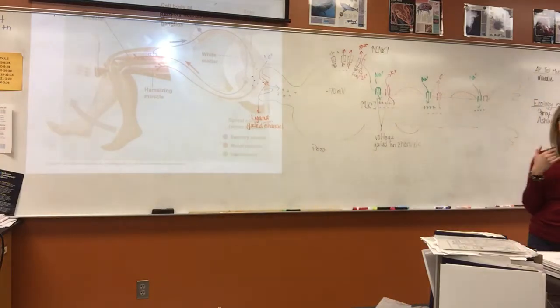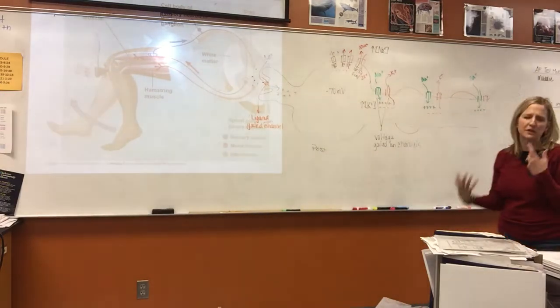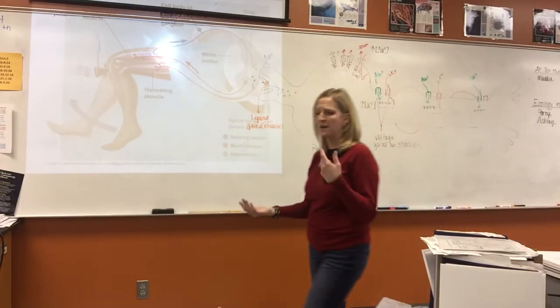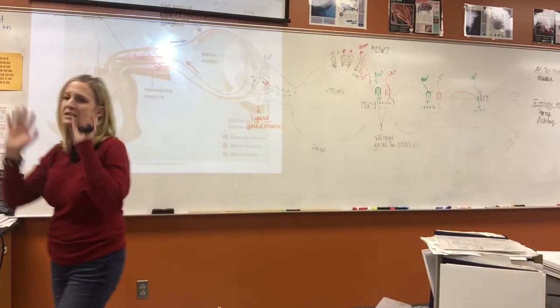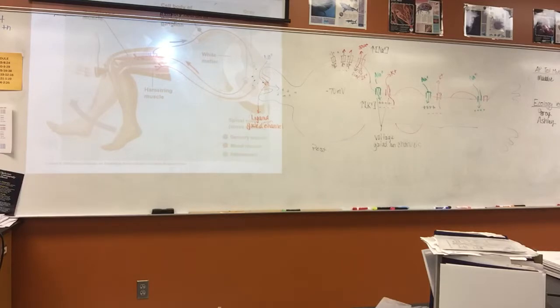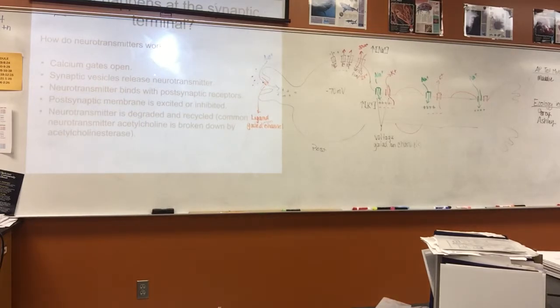So there are inhibitory and stimulatory or excitatory neurons, and what makes them inhibitory or stimulatory is the type of neurotransmitter they're releasing. That will inhibit or stimulate the receiving cell. So how do neurotransmitters work?